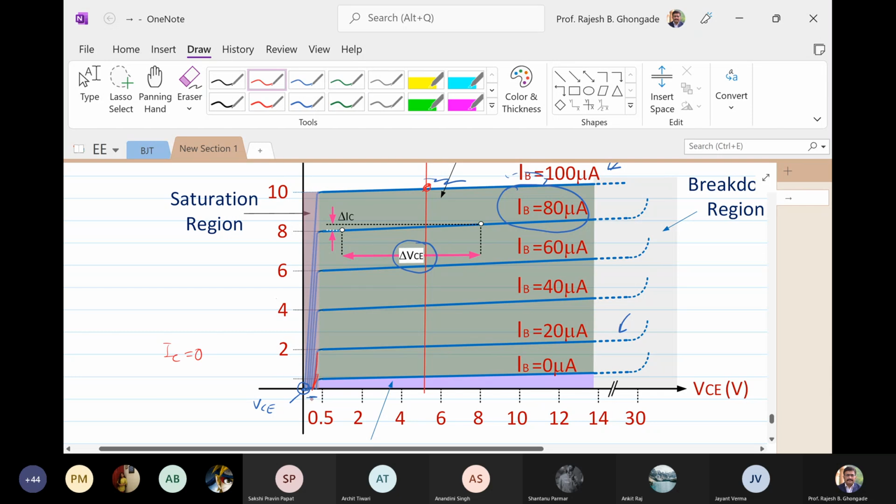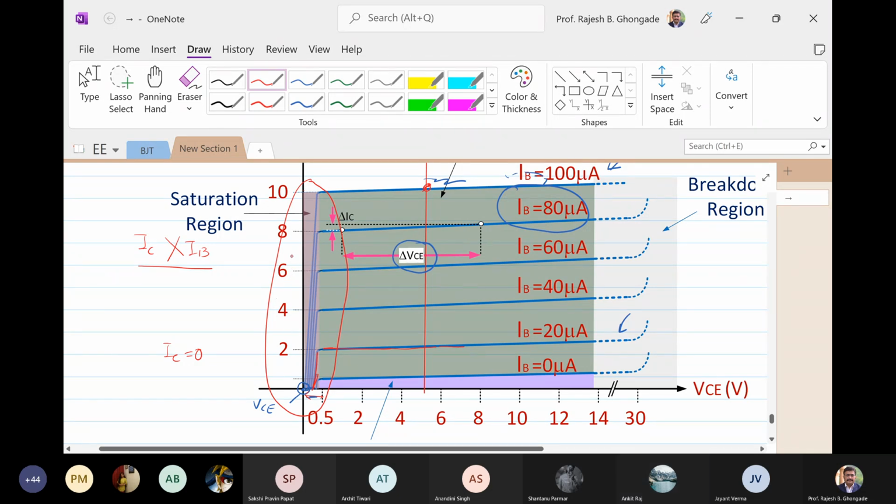But after a certain point, after let us say this 0.5 volts, you'll see that the collector current now becomes more or less equal to बीटा टाइम्स द बेस करंट। समझ में आ रहा है क्या? तो ये जो रीजन है जिसमें योर कलेक्टर करंट और बेस करंट के बीच में लीनियर रिलेशनशिप नहीं है, उस रीजन को हम सैचुरेशन रीजन बोलते हैं। समझ में आया अभी?